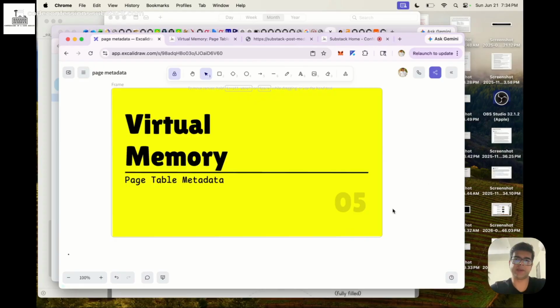So whenever we try to do any memory access, the hardware uses the page table to translate that virtual memory address into a physical frame address, and then it looks up the exact data within that physical frame. It does this with the help of a page table walk, which is what we learned in the previous video.